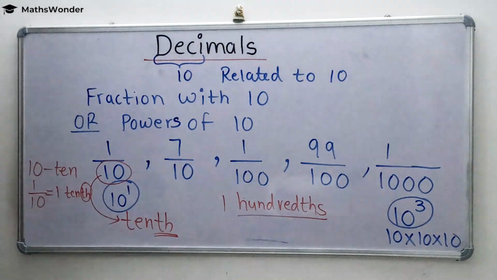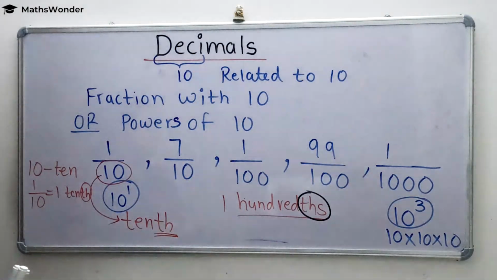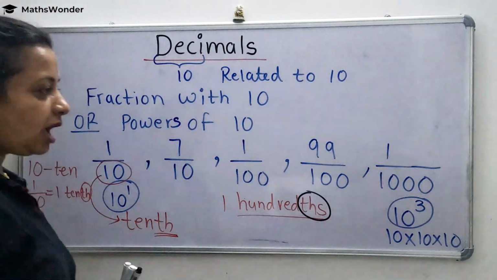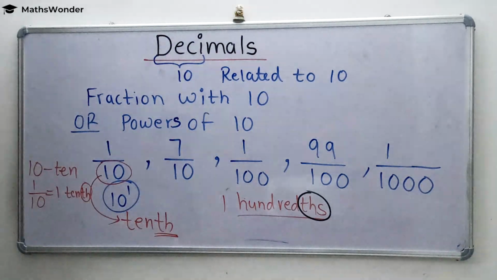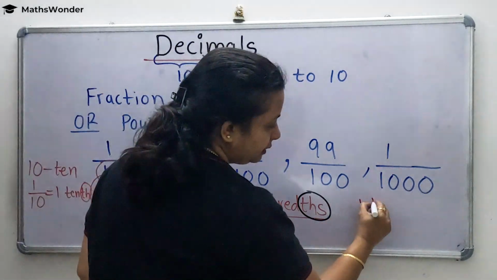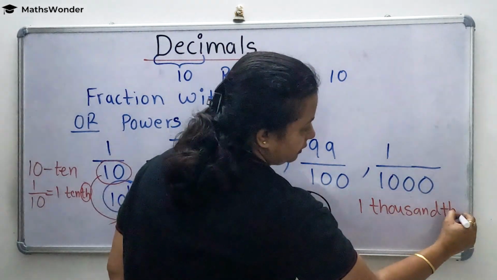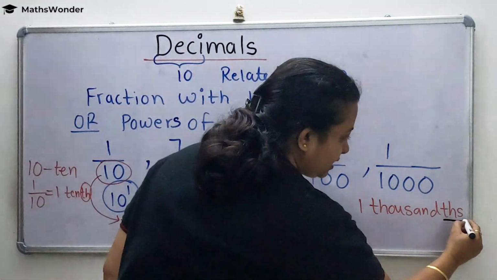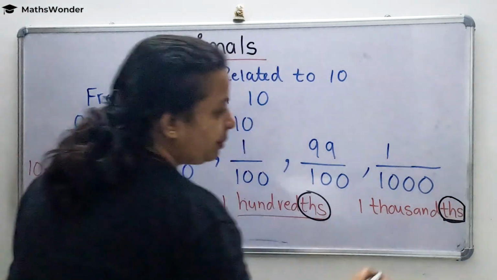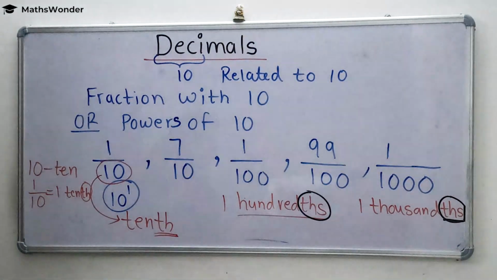Now next, 1000s. How will you read it? Thousandths. THS means when 1000 is written in the denominator, the reading pattern is changed.